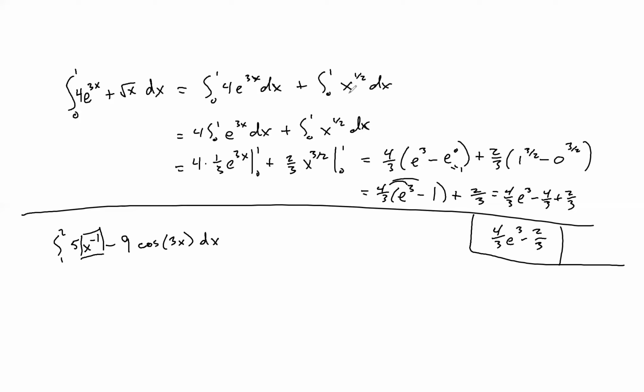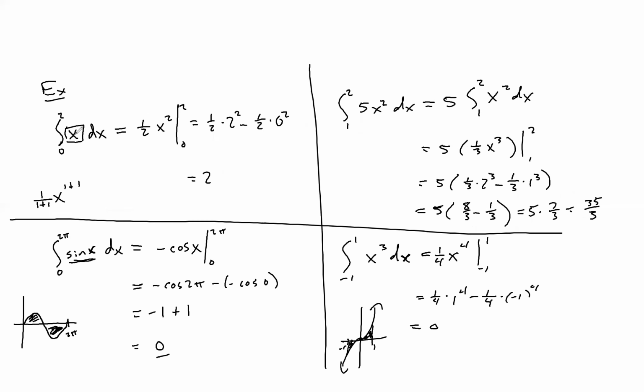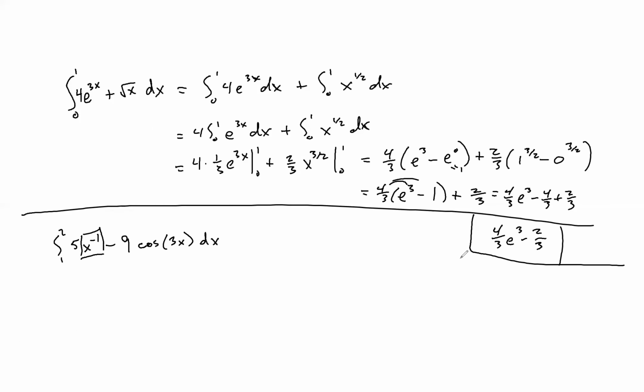Here, x to the 1/2, we did the power rule. Back over here, we had x raised to the first power, we did that backwards power rule. X to the second power, we did the power rule. X to the third power, we did the power rule. The only time that the power rule doesn't apply for antiderivatives is when your power is negative 1. That's one of those things that always trips people up when they're first learning this.